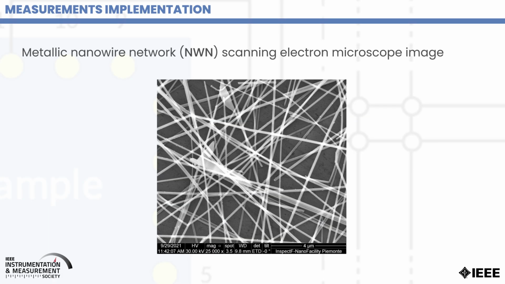Another example of application of electrical resistance tomography to nanostructured materials is represented by the investigation of metallic nanowires. In particular, these metallic nanowires create an interconnected network of these very small silver-based sticks, which have so-called memristive properties.